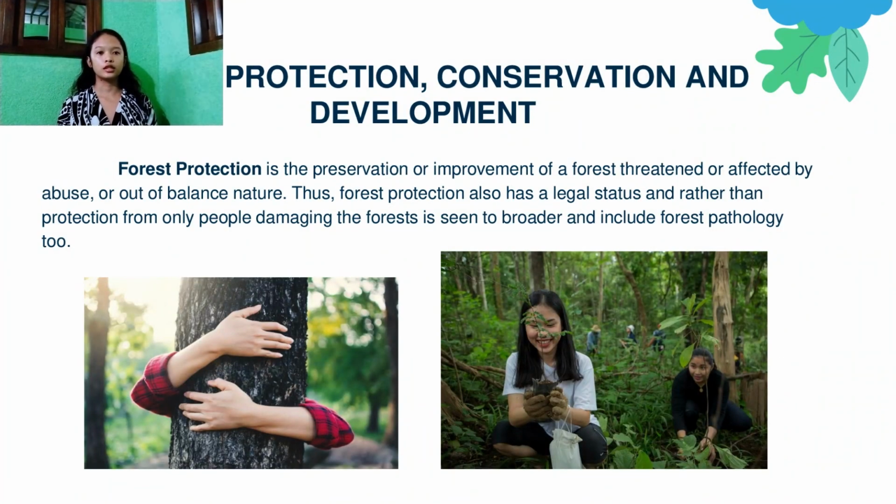Forest protection is the preservation or improvement of a forest that is affected by abuse, like illegal loggings or out of balance nature. There are lots of laws that protect our forests, like RA 3701. It is an act that discourages destruction of forests.